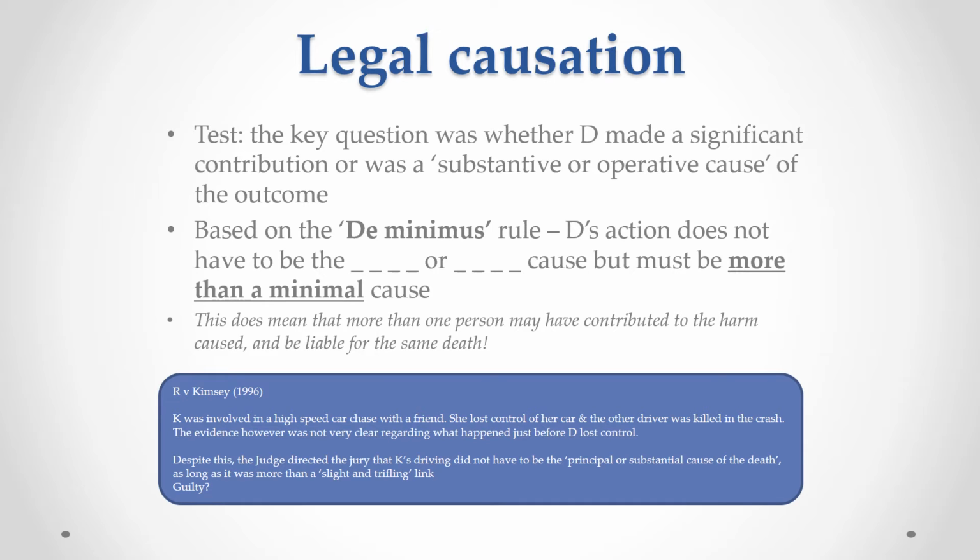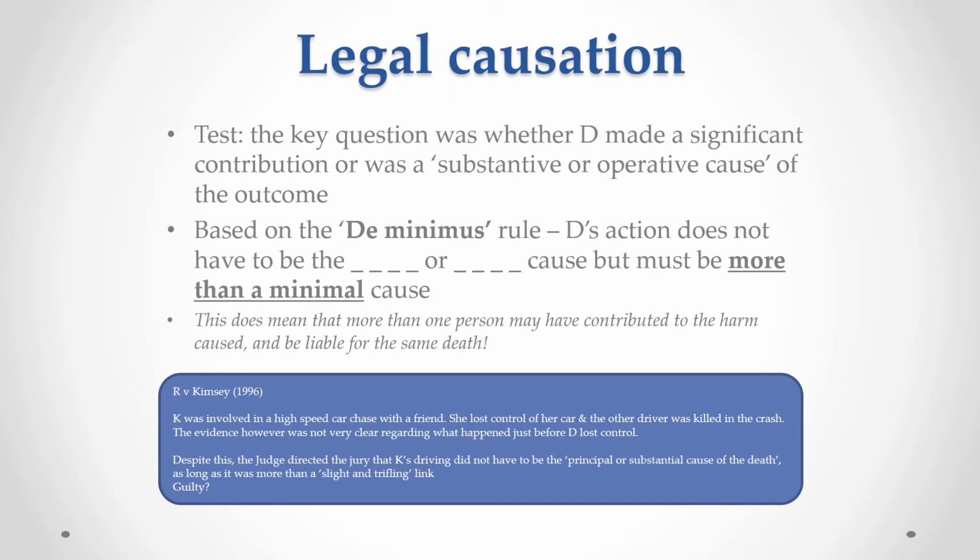But despite this, using this principle, the judge directed the jury that Kimsey's driving did not have to be the principal or substantial cause of death, as long as there was more than a slight or trifling link, they said. So as long as Kimsey's actions were more than the minimal cause, then they could be convicted, and they were, and upheld on appeal.